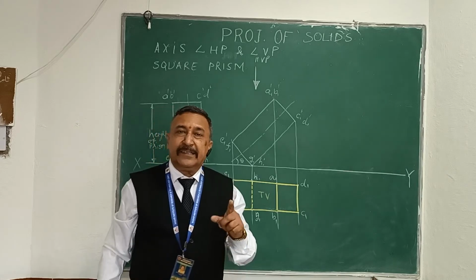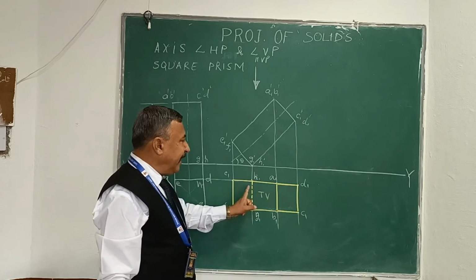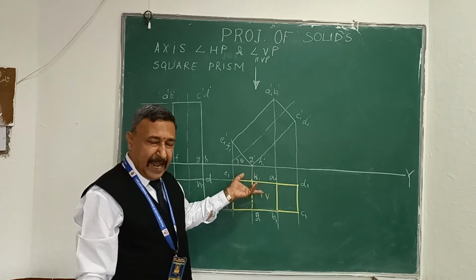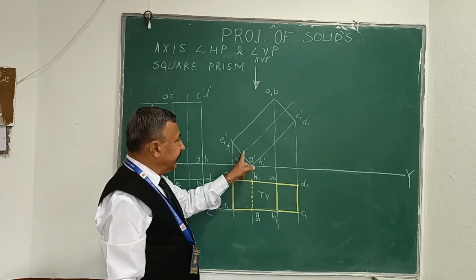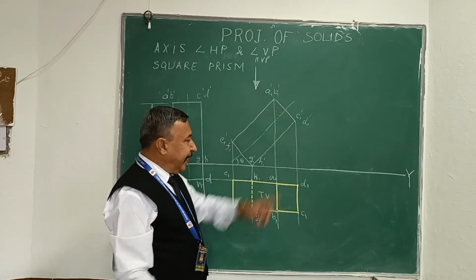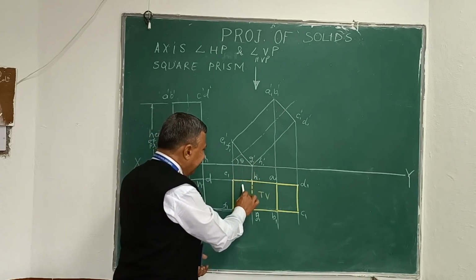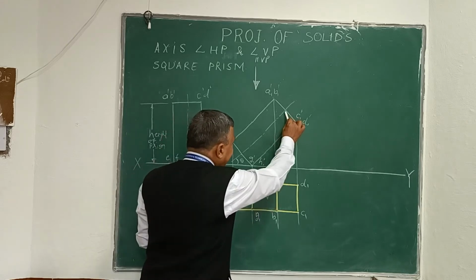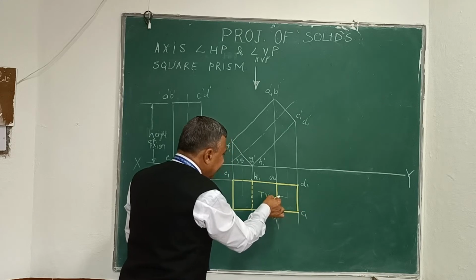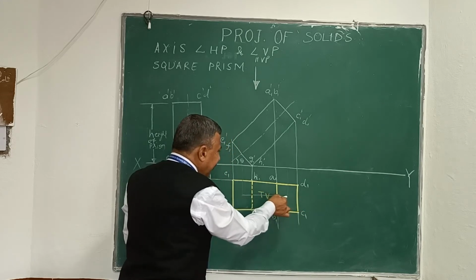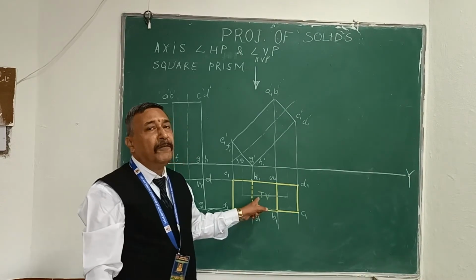But the second-time axis inclination is not given directly. It is given by either an edge or any other object. Now see here, this is the length of axis, and here the length of axis is shorter, which means this is the top view of the axis.